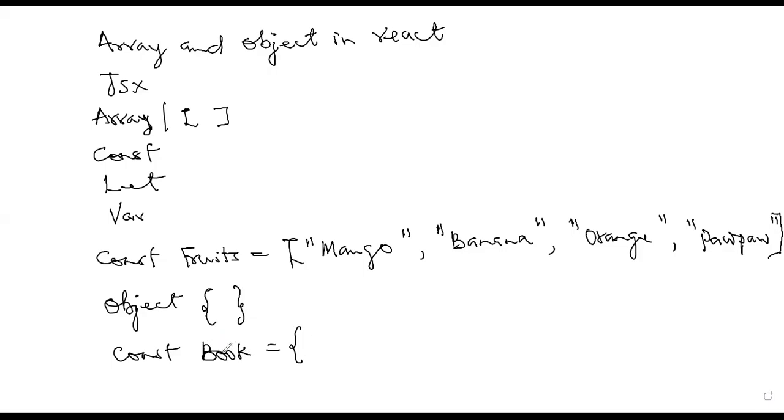You know, a book, you have the title of the book. So let's say title. Now you use a colon for an object. You use a colon, then the value of this title, let's say the rising sun. The rising sun. Okay.